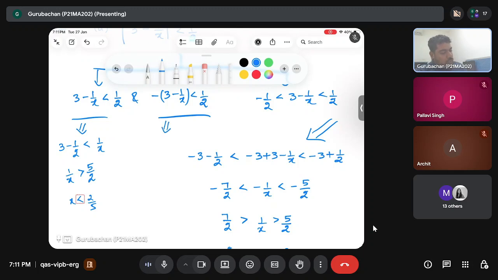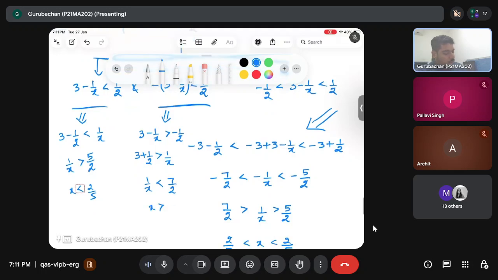And when you follow this one, you will get 3 minus 1 by x is greater than minus half. Then 3 plus half will be greater than 1 by x, and 1 by x will be less than 7 by 2, and x must be greater than 2 by 7.